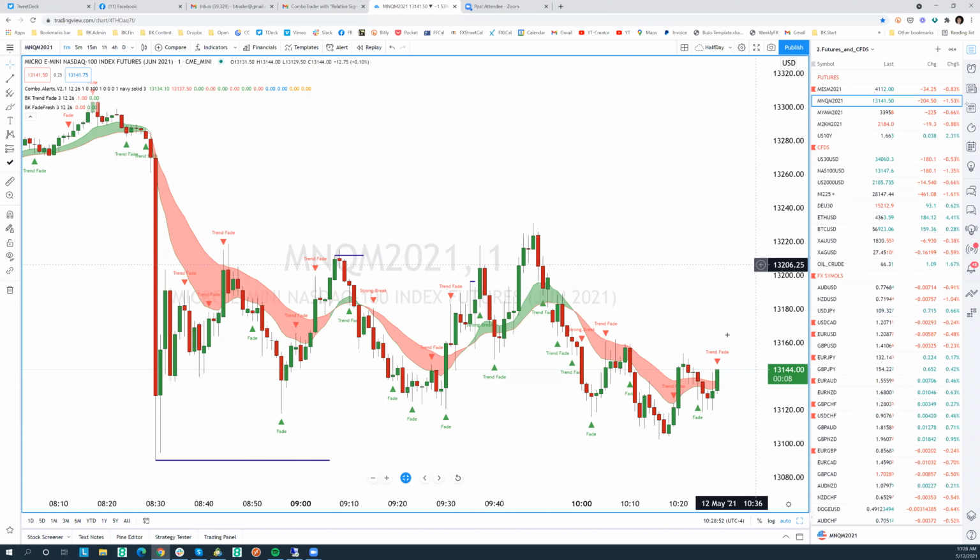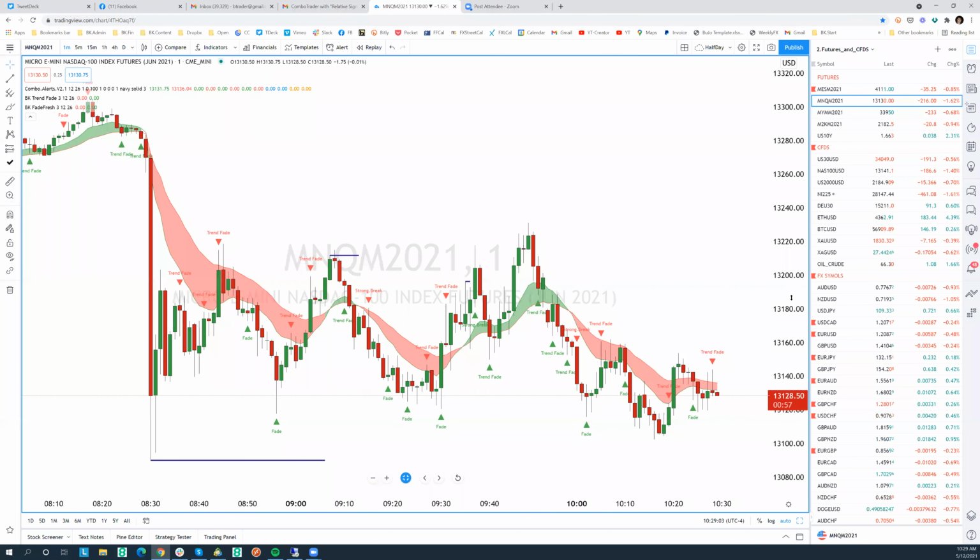There we go. The only reason I took that trade was because this is the fade candle over here. We had a little bit more selling, and it just stabilized. It was just good enough to give us another 10 points.